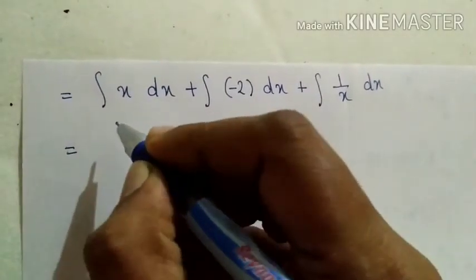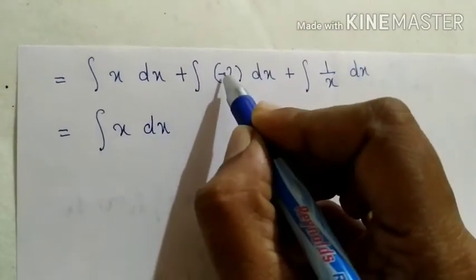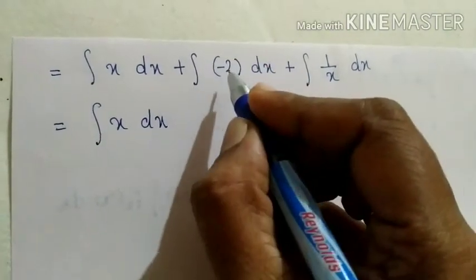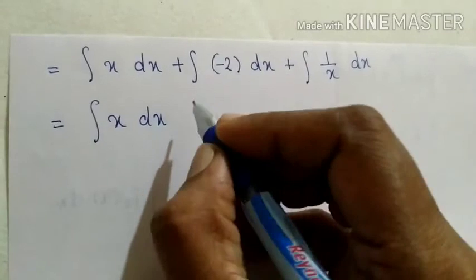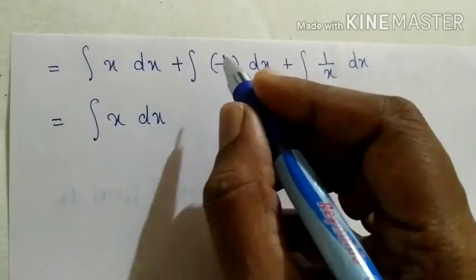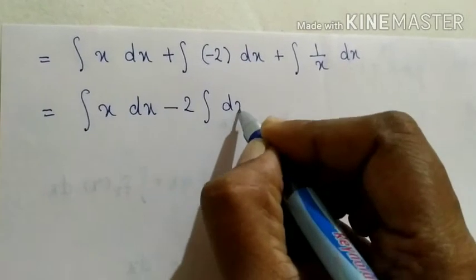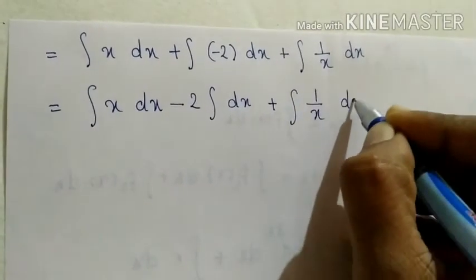And this is further equal to the integral of x dx, and since −2 is a constant, it goes outside the integral, and the plus and minus become minus here: −2 times the integral of 1 dx plus the integral of 1/x dx.